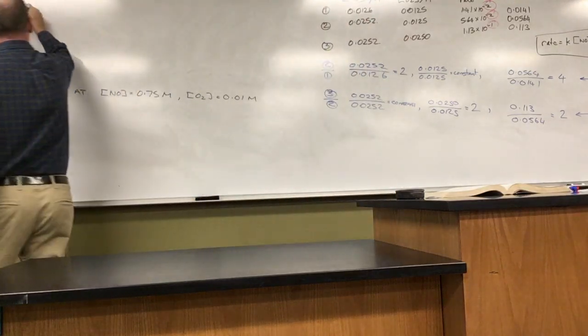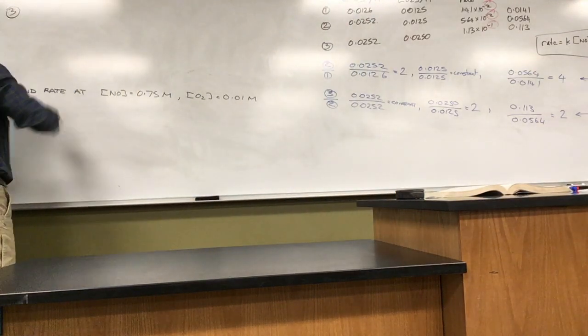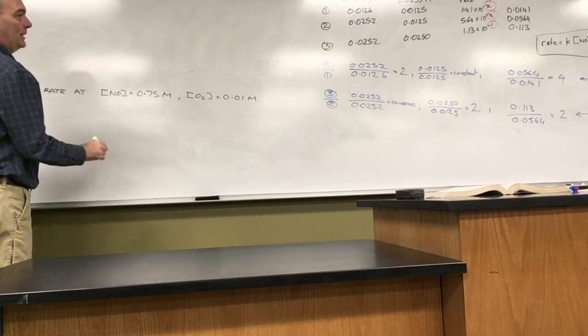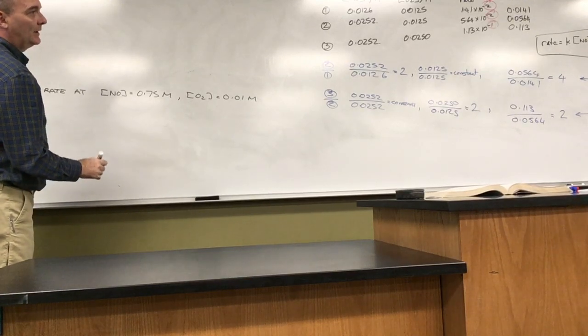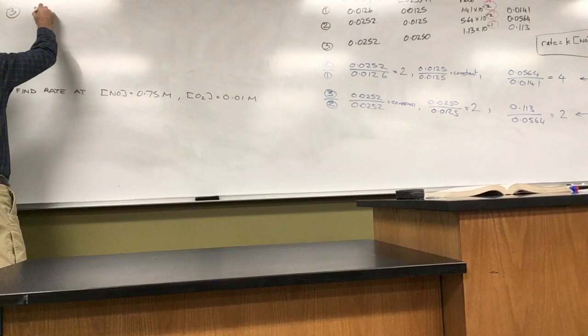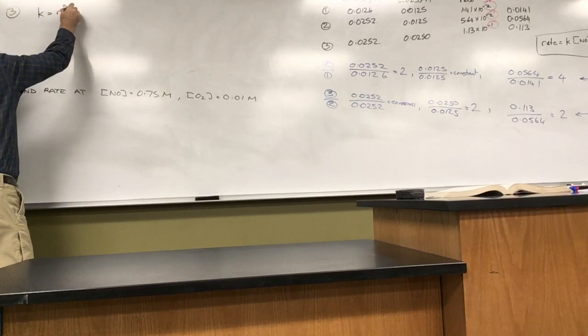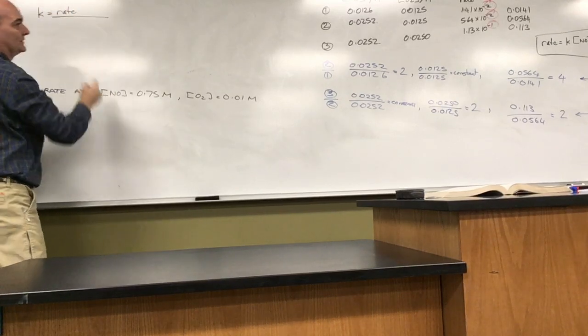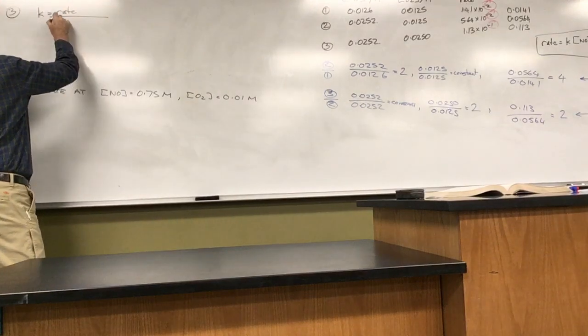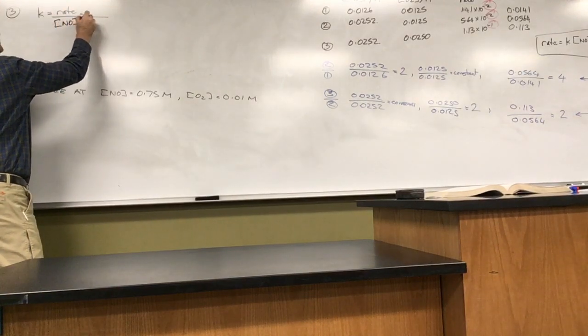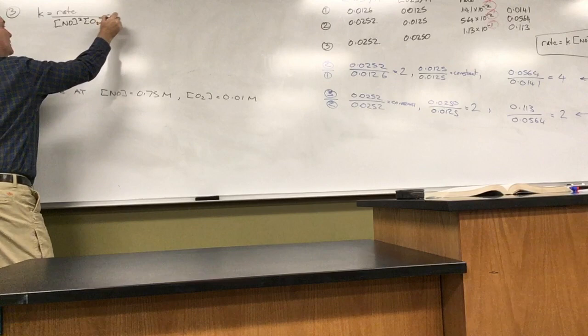So I'm going to take line 3. I'm going to take the values from line 3, and I've rewritten that K is equal to the rate divided by NO squared O2.